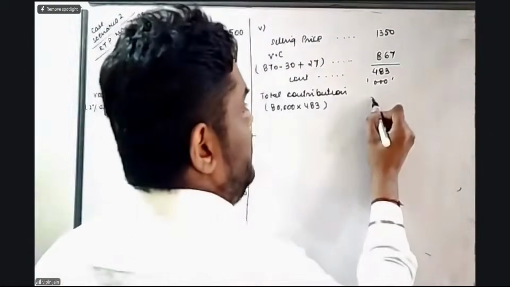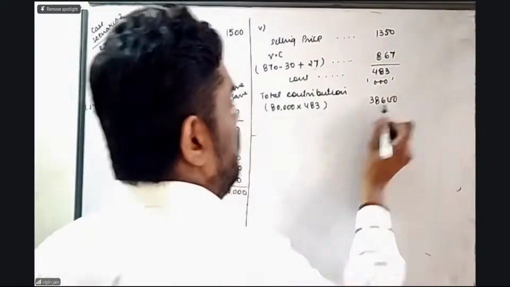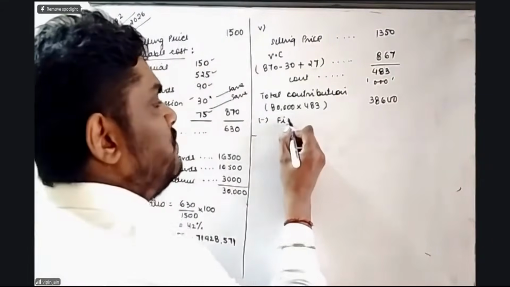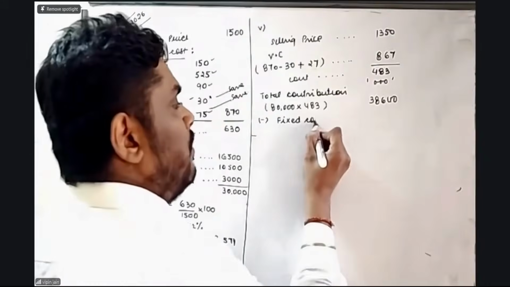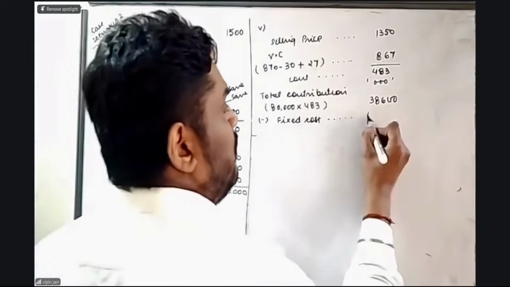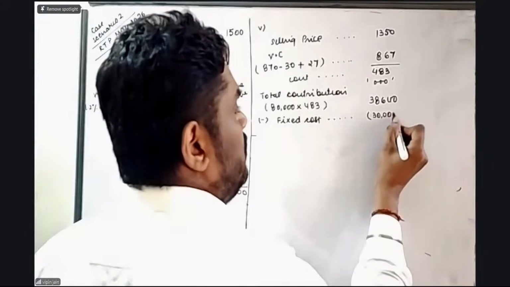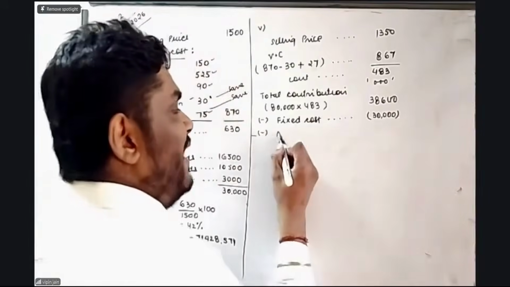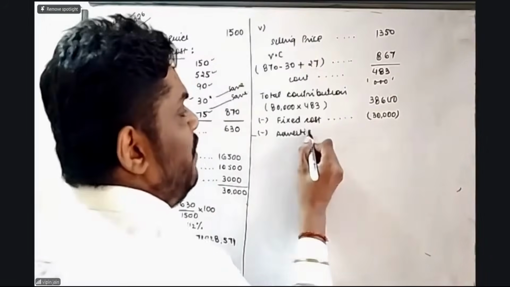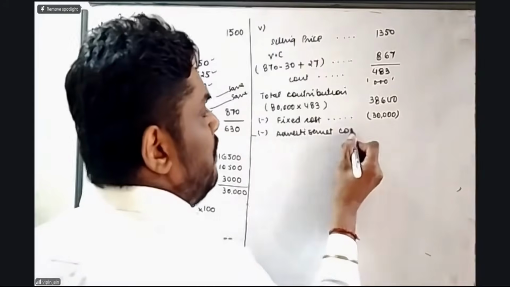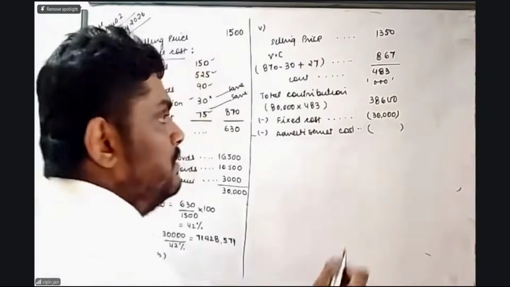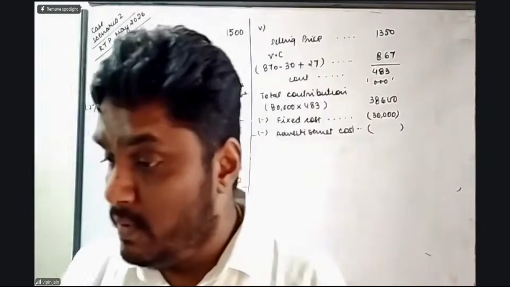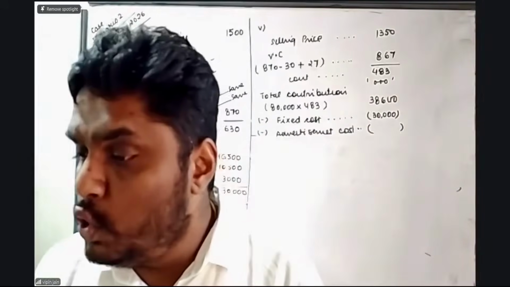So this will be 38,640, minus my fixed cost, which is how much? 30,000, minus my additional advertisement cost, which is how much? 2250.